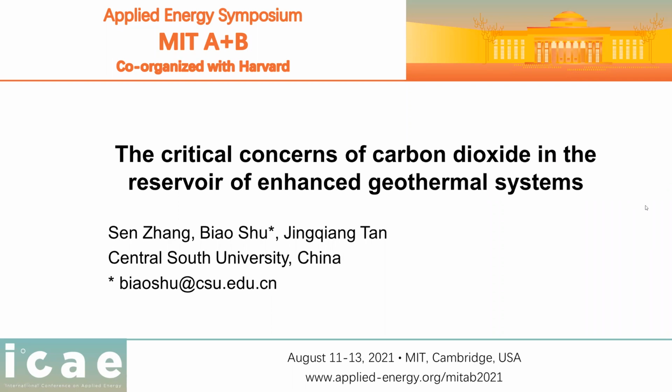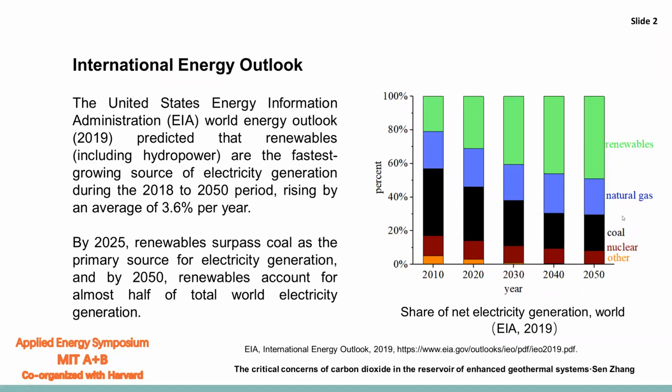I'm going to report the critical concerns of carbon dioxide in the reservoir of enhanced geothermal systems. From the ERA World Energy Outlook, it predicts that the renewables are the fastest growing source of electricity generation during the 2018 to 2050 period.